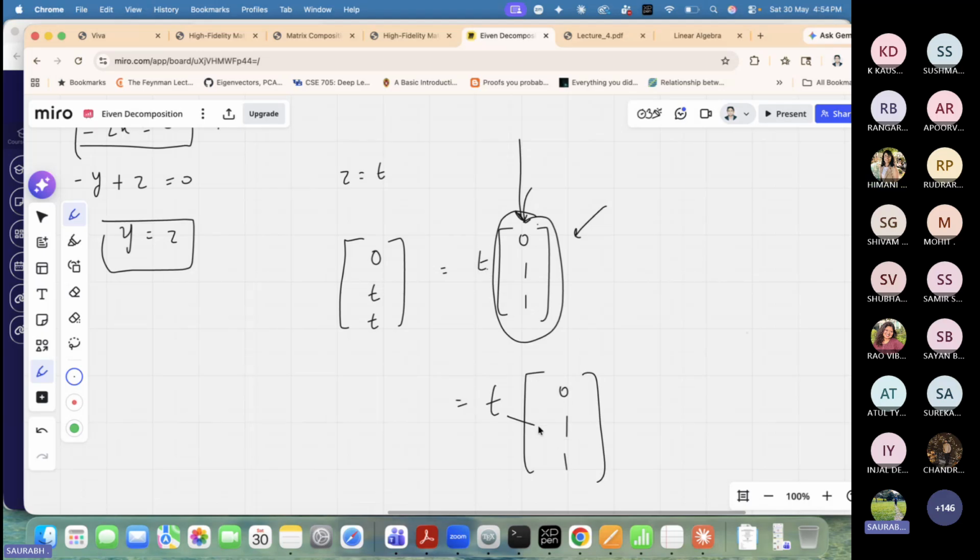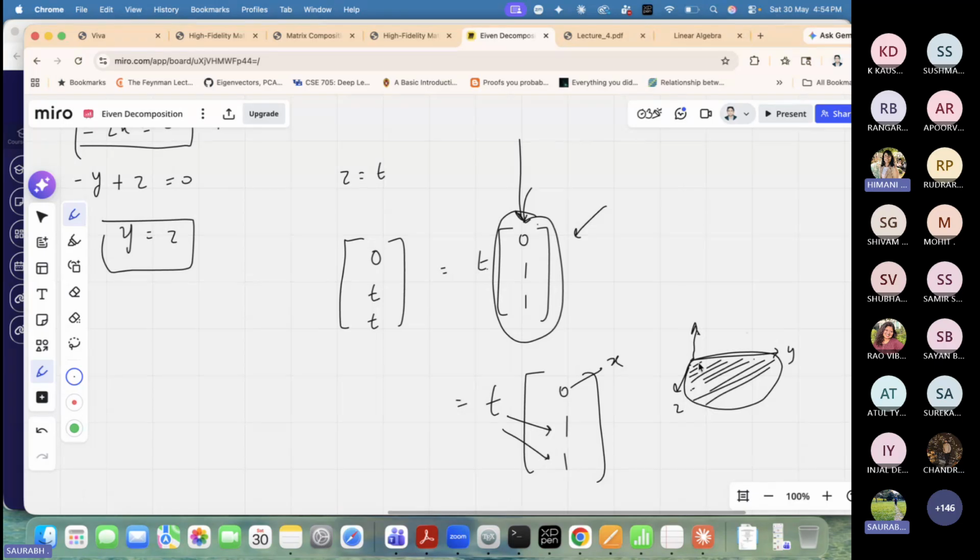Think of x, y, z axes. X is 0, which means you are sticking to the yz plane. So basically the eigenspace is all the vectors which lie on the y and z plane.